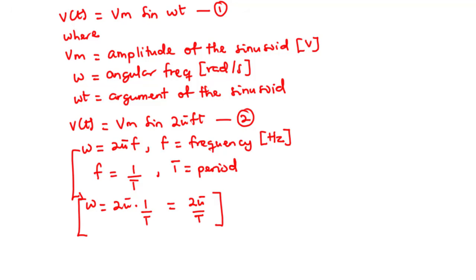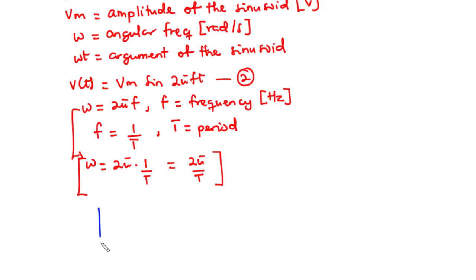So now let's look at an example of a sinusoid that is represented as a function of its argument. So we have this to be V of t, and then we have this to be omega t. That is because the signal is represented as a function of its argument. So this is the sinusoid.